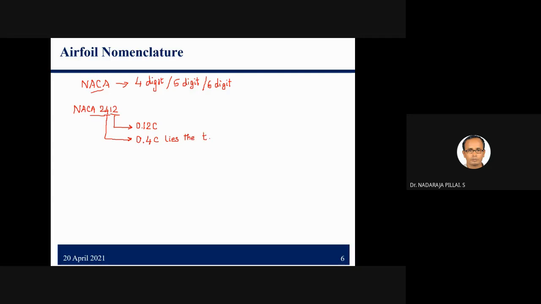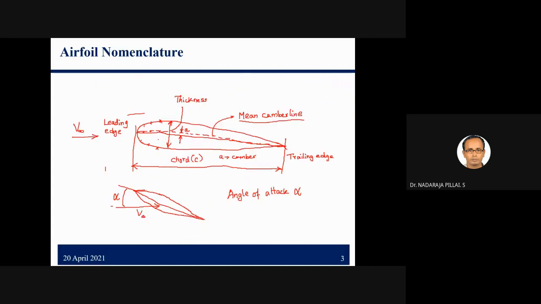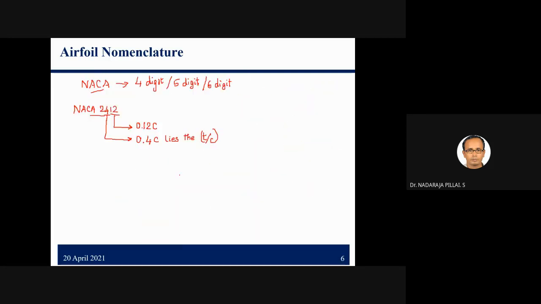Usually we write thickness as the thickness to chord ratio, right? So maximum thickness lies at 0.4 C. What is 0.4 C? One can do a mental calculation. This may be 0.5 C, and this may be 0.4 C. In some cases it may be 0.3 C, right? So the location of the maximum thickness is at 0.4 C.